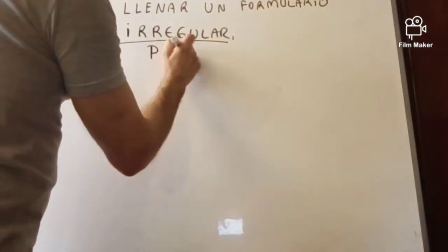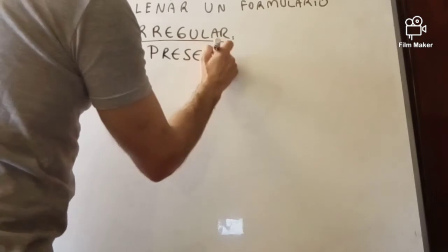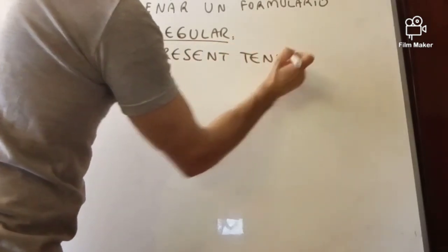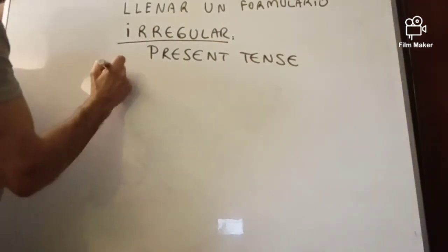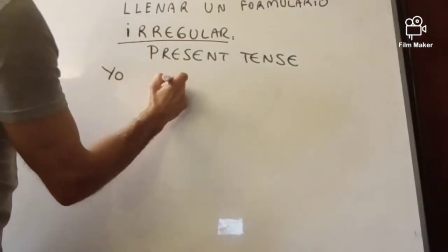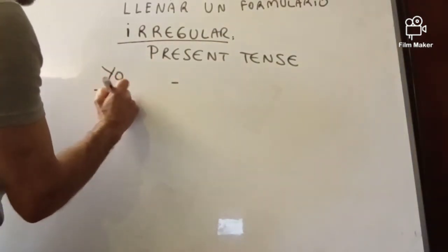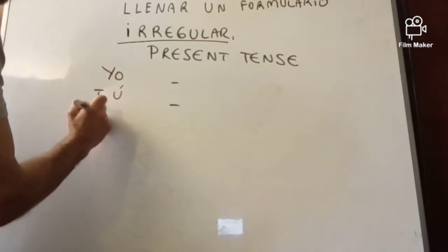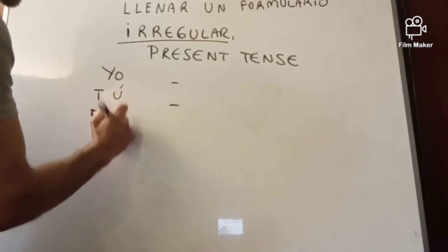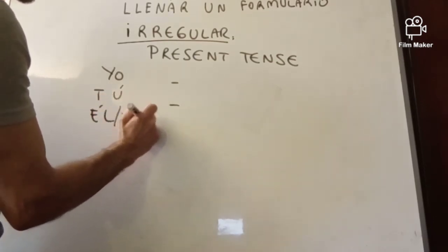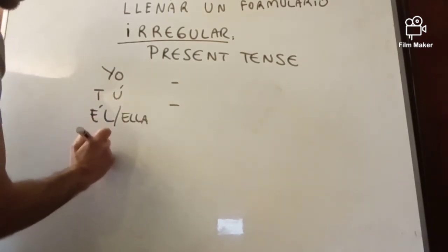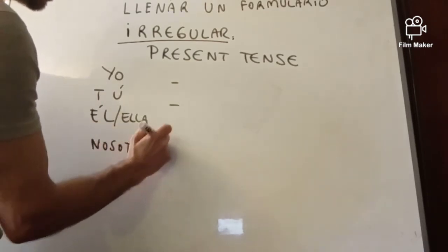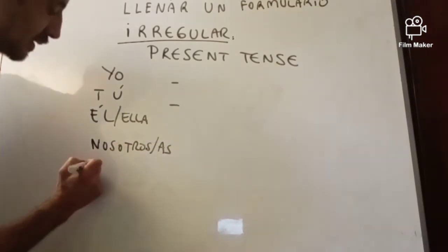Present tense, indicative mood. Sure. Let's put the endings first. Tú, él, ella. The plural, nosotros, nosotras.